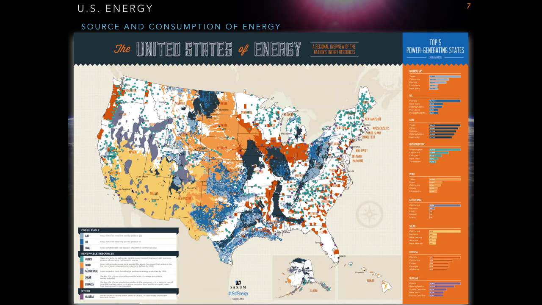What we can also see is that in California we have a few nuclear sites, but in general the nuclear power plants tend to not be as many on the west side. They tend to be much more localized on the east side.